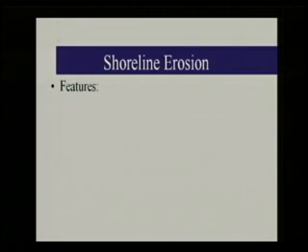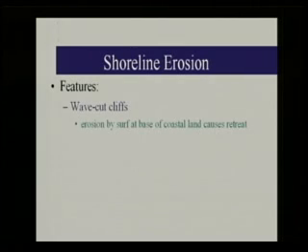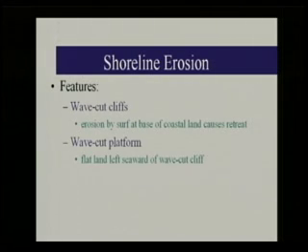Some erosion features that are found along shorelines include wave-cut cliffs. The erosion by the surf at the base of coastal land will cause the cliff to retreat as it erodes. A wave-cut platform is that flat land that is left seaward of the wave-cut cliff. Let's take a look at that.